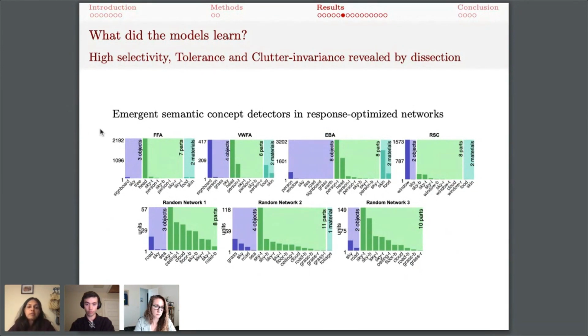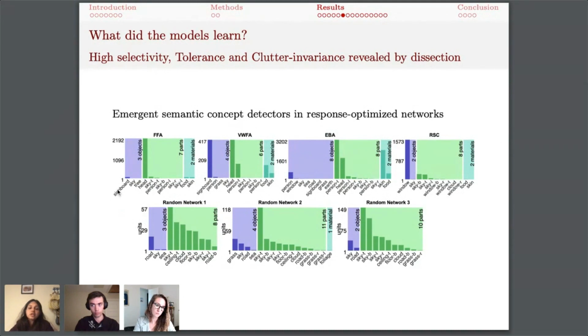So, for example, in the case of FFA, we see about 2,000 head detectors and mostly head detectors. In the case of visual word form area, we again see signboard detectors as well as head detectors, which is presumably because there's also significant overlap between the visual word form area and the FFA. In the case of EBA, we also see person detectors. In the case of RSC, we see window detectors again.